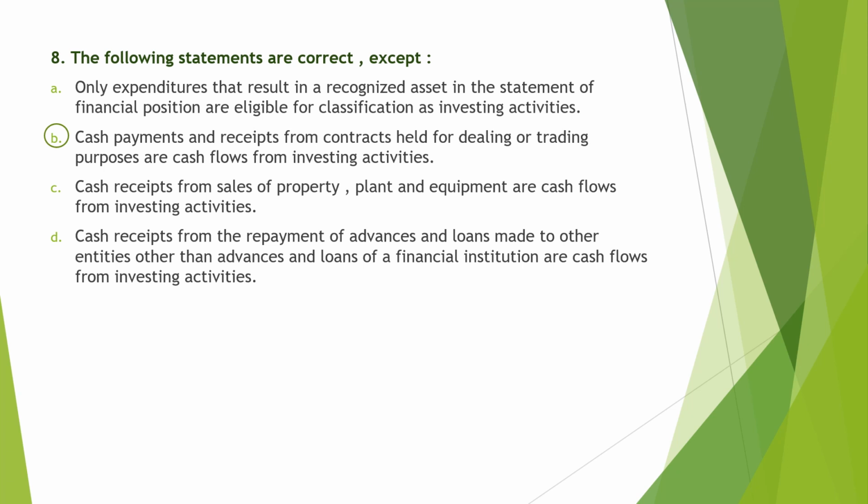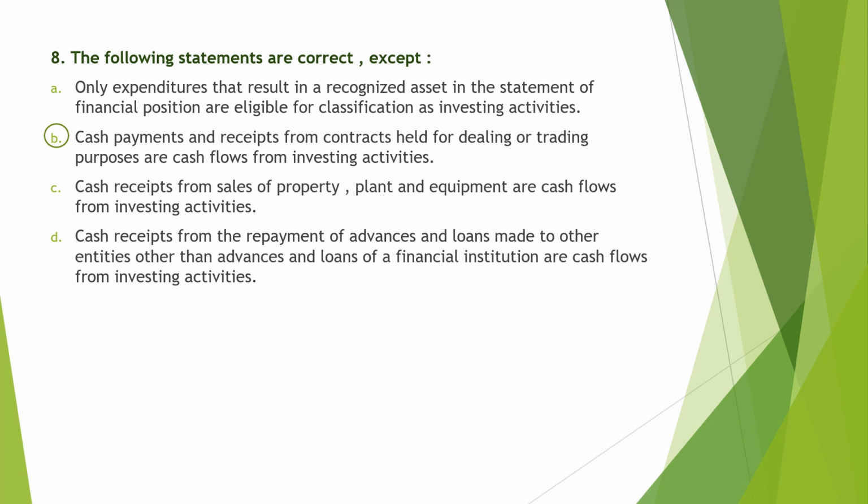Next, letter D, cash receipts from the repayment of advances and loans made to other entities, other advances and loans of a financial institution are cash flows from investing activities. So, statement letter D is correct.